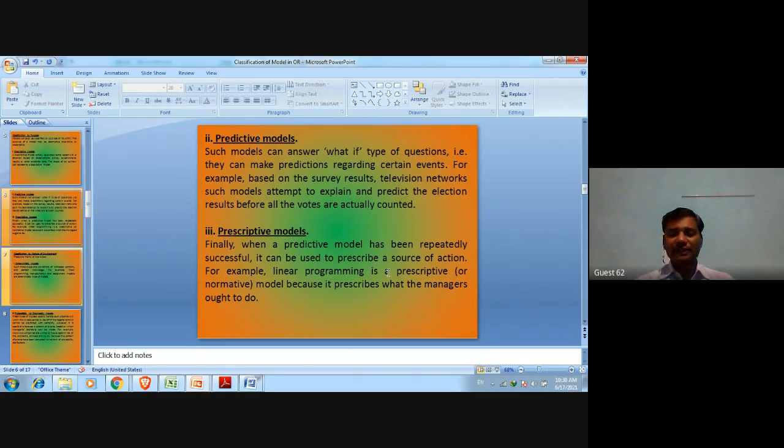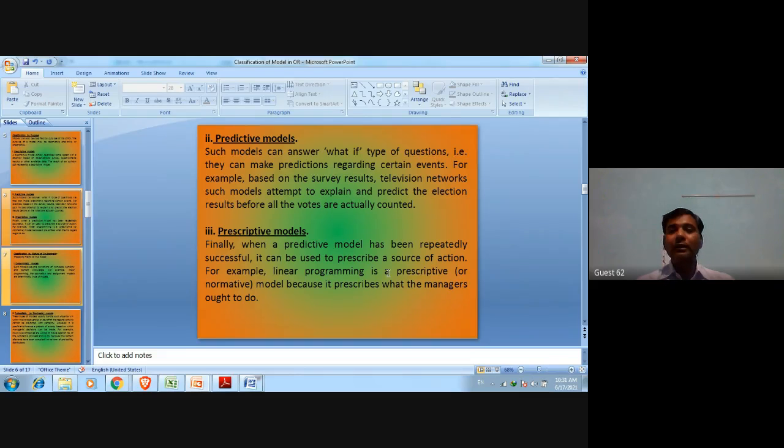Similarly, if there is an election, many television networks conduct surveys that we call opinion polls. They collect survey information, and according to that survey they predict which party will win the election. But this is not 100% true.